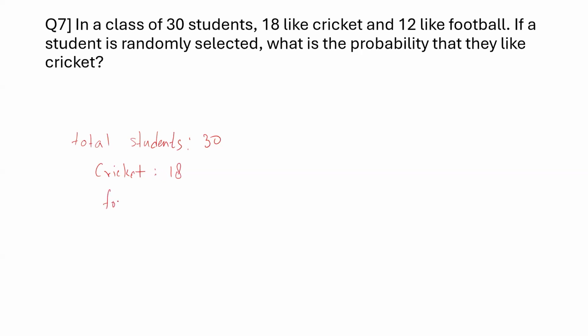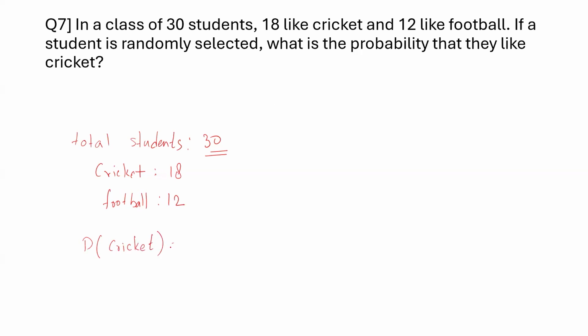How many like football? 12. Now, let's see. If a student is randomly selected, what is the probability that they like cricket? Out of 30 students, you are picking just one student and you are interested in that the picked student likes cricket.